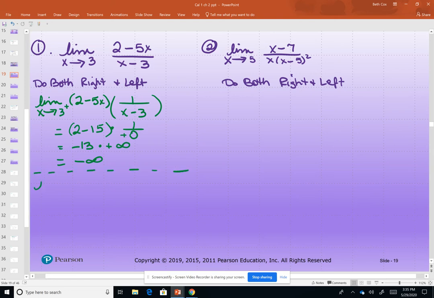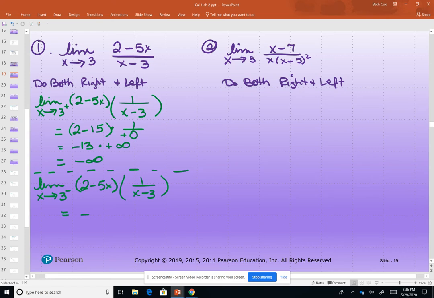Let's do the left. So now the limit as x goes to 3 from the left, same idea here. 2 minus 5x times 1 over x minus 3.